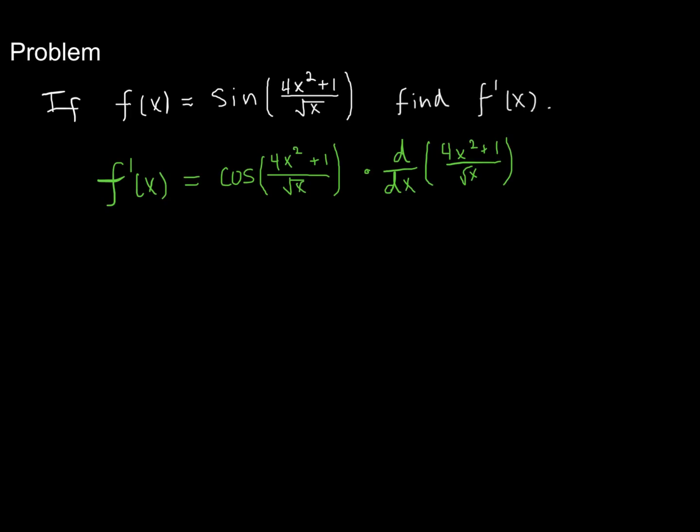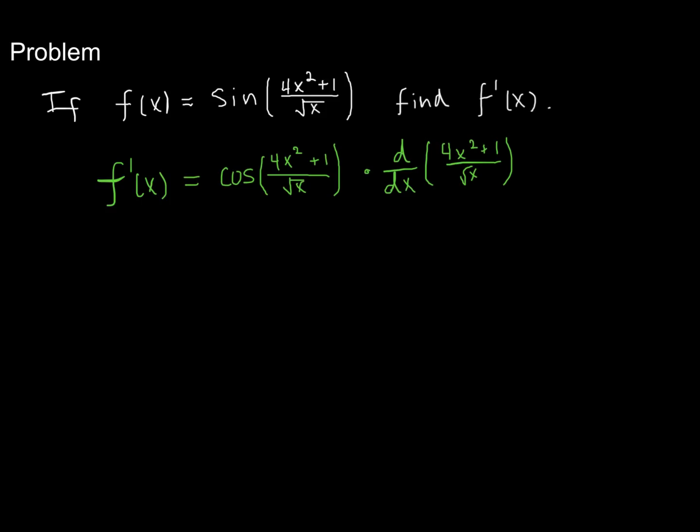Now at this point, the realization that hits you is that taking the derivative of this piece here, of the inside of g of x, if you will, is going to require the quotient rule. So in order to keep ourselves organized and not lose total track and control of the problem, it would be ideal to go off to the side and take the derivative of this piece and then come back knowing what the derivative of this is and insert that for this piece so that we can then simplify.